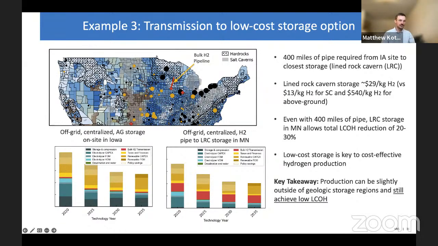And of course, as I mentioned, even if you pipe your product 400 miles north, it still allows for economically competitive H2. And so low cost storage, as I mentioned before, is equally as important as other components within your facility that then dictates your end use costs there. Yeah, it's really interesting stuff.